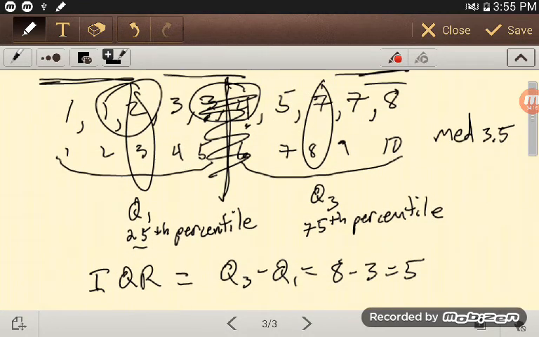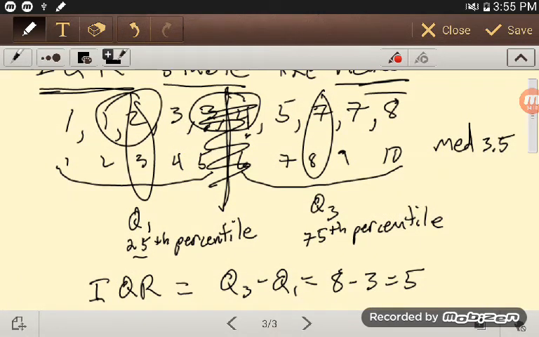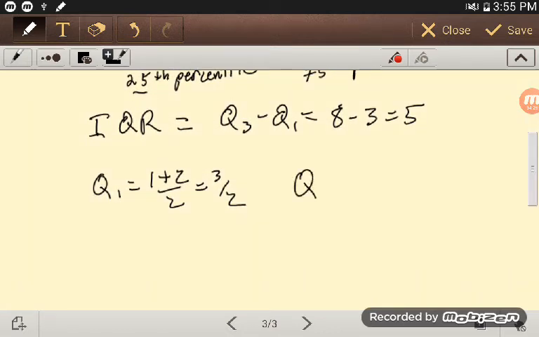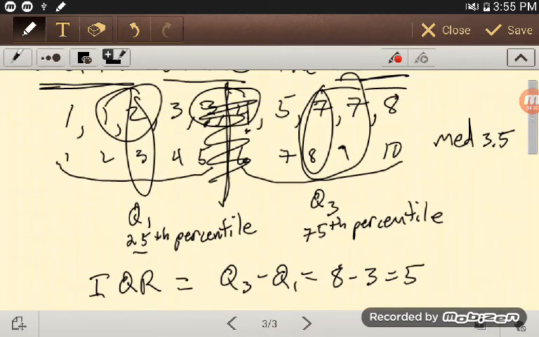Same thing up here. I'd take the average of those two and still get 7. So Q3. Oops, did I do something wrong here? I said 8. Sorry, Q3 is 7, and so this is 4.